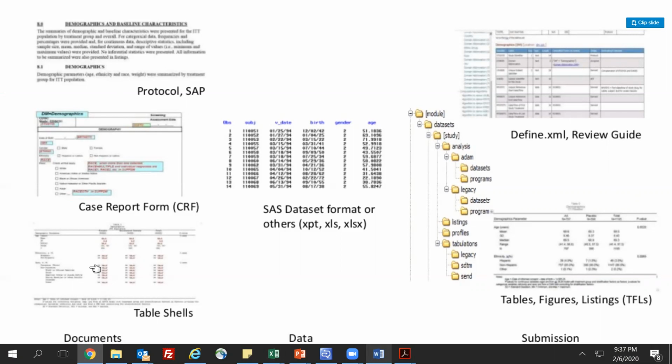This is just to make the reviewer understand in a simple way, because the reviewer won't know SAS programming. If you tell him this many subjects are there, it's very difficult for him to understand even the data set. That's why we submit the data in graphs or charts.